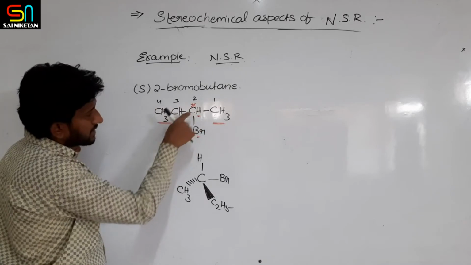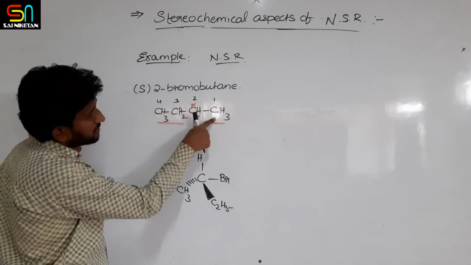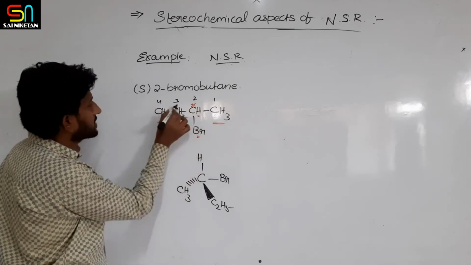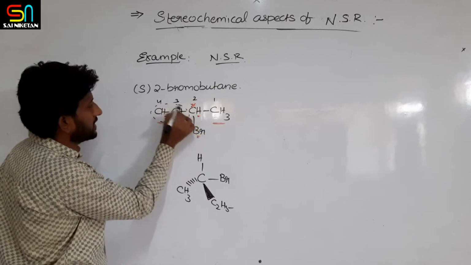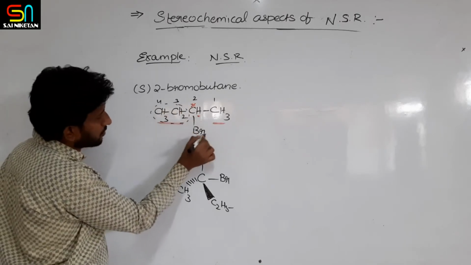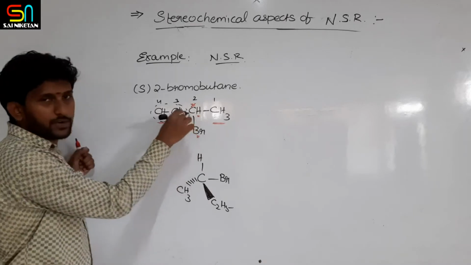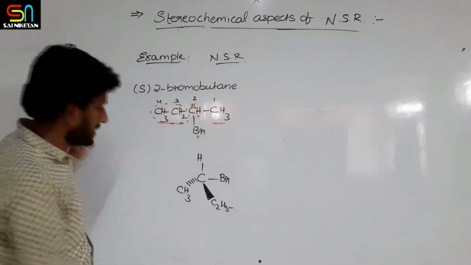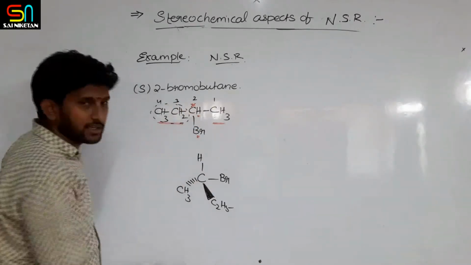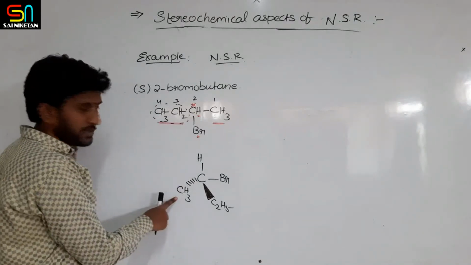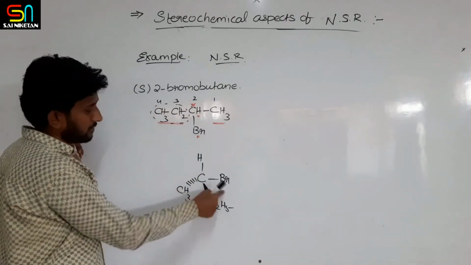Why is the second carbon chiral? Because the second carbon contains one methyl group on this side, one ethyl group on this side, one bromine, one hydrogen, meaning 4 different groups are present on the second carbon. That's why I am writing here one methyl group and one ethyl group, and one bromine.